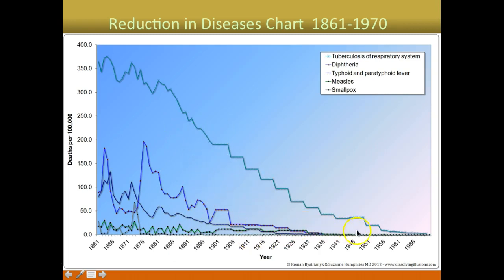And by the time most homes have indoor plumbing and sewer systems, and people are eating better meals, at least 3 meals a day, maybe not the most nutritious, but definitely more food per day, the number of diseases drops to almost 0 out of 100,000 for smallpox, measles, typhoid, and diphtheria, and only TB is still hanging around until almost the 1970s, but barely, if you look at the numbers of people out of 100,000.